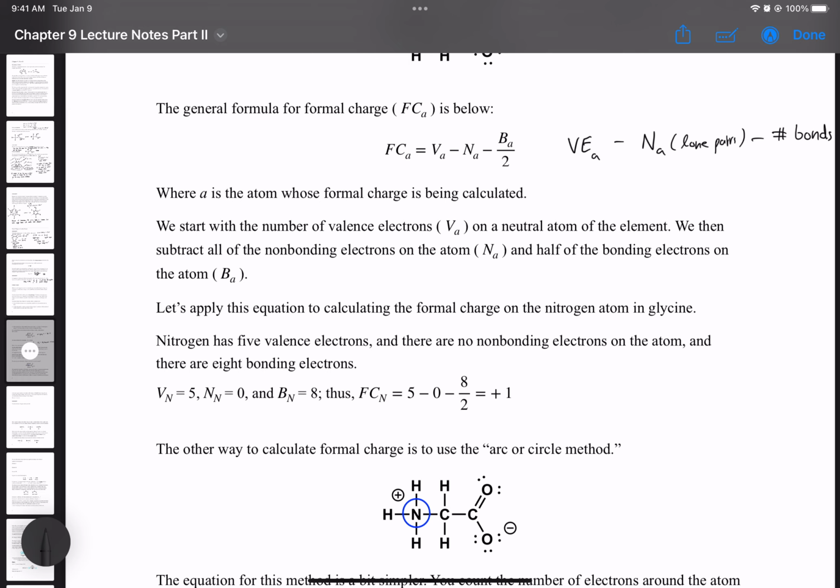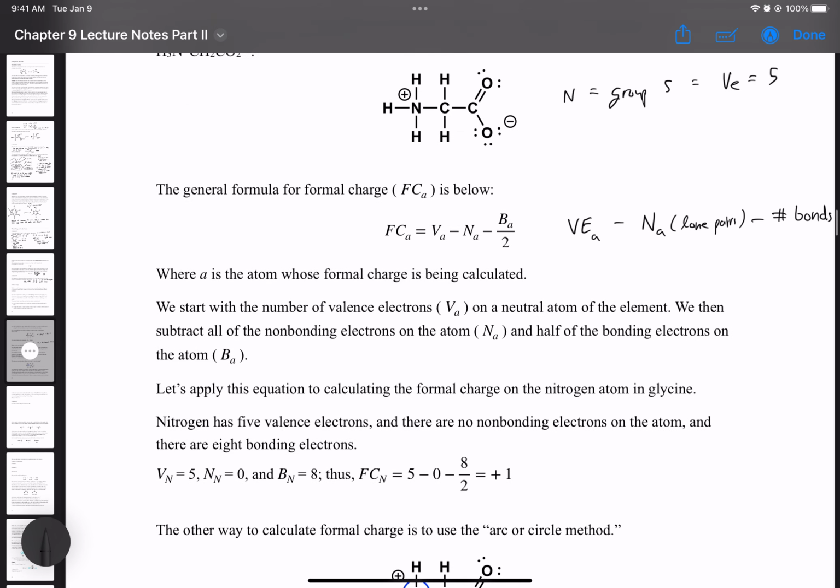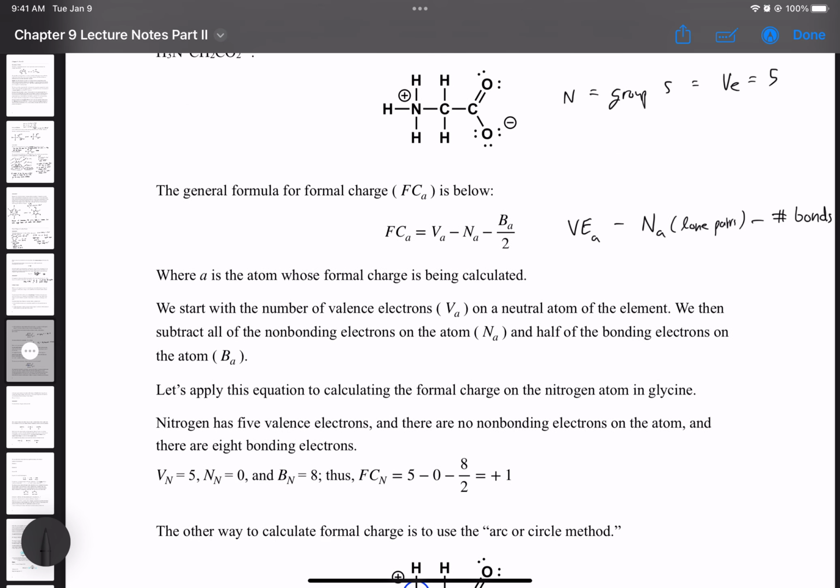So compared to nitrogen as a neutral atom with 5 valence electrons, right? Compared to it when it's now in this compound glycine, it only has 4 valence electrons around it. So now it has a deficit of electrons from what it normally would have, so it gets a positive charge.